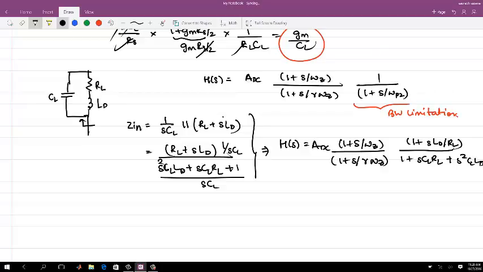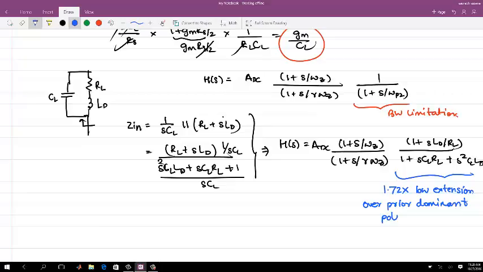Now, if you work out, you will find that using this transfer function, I can get roughly a 1.72 times bandwidth extension over your prior dominant pole, which was 1 by RLCL.